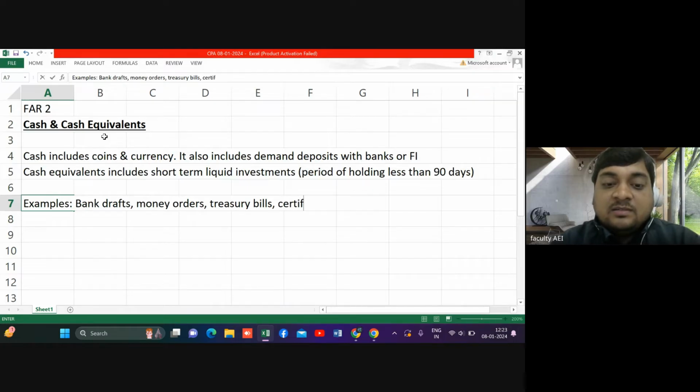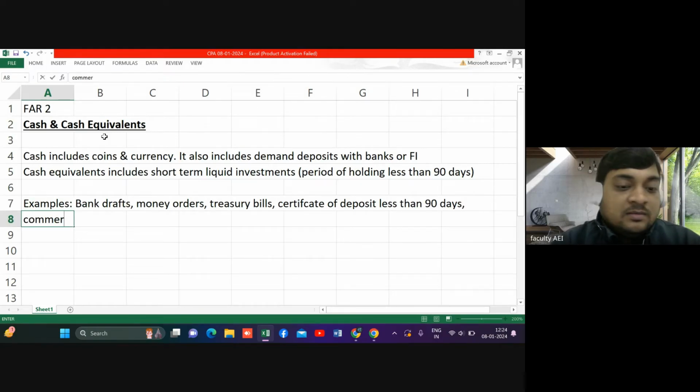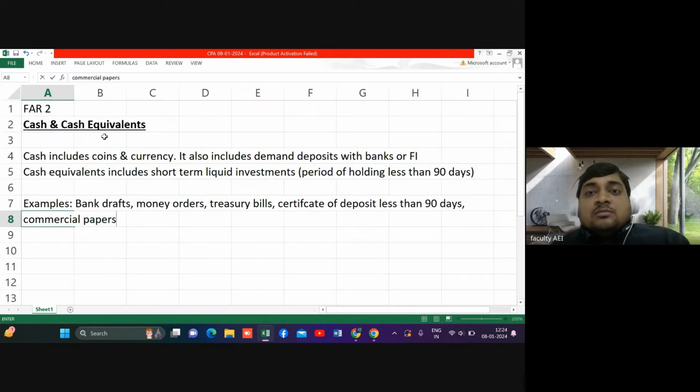We have certificate of deposit less than 90 days. We have commercial papers. Now, if you have a fixed deposit whose maturity is more than 90 days, then it cannot be classified as cash and cash equivalent, right? So we have bank drafts, money order, treasury bills, certificate of deposit less than 90 days, commercial papers, right? So these are some examples of cash and cash equivalent.